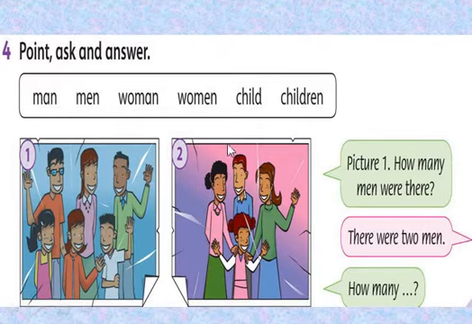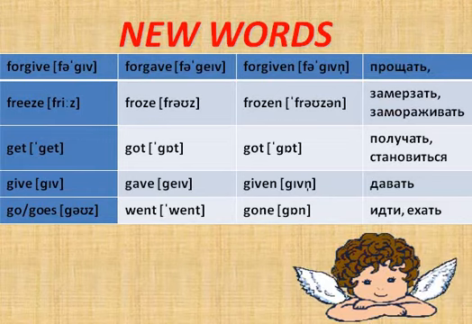Or child, we can say child, right? How many women were there? There were 1, 2, 3. 3 women. Okay, so please make up questions first, then we will answer the questions. Okay, it's very easy for you, right? This is your third classwork.